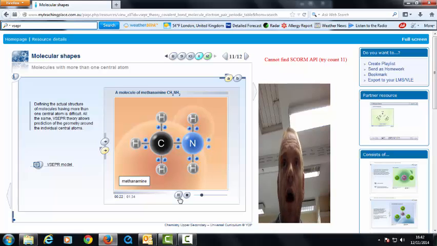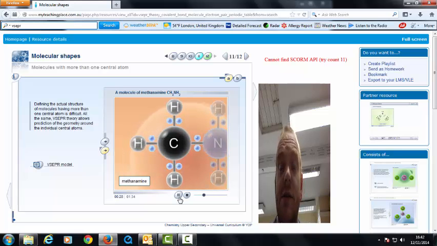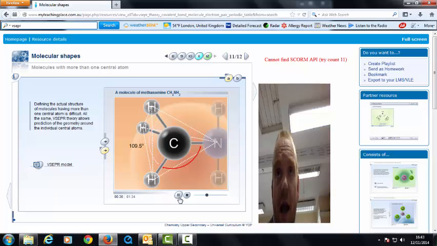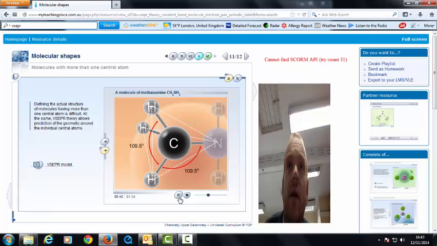Okay, so around the carbon I have 4 sets of bonding electrons. So my ideal shape with 4 electron pairs would be tetrahedral. So it takes a tetrahedral arrangement with a bond angle of 109.5 for each of the hydrogen-carbon-hydrogen bonds.